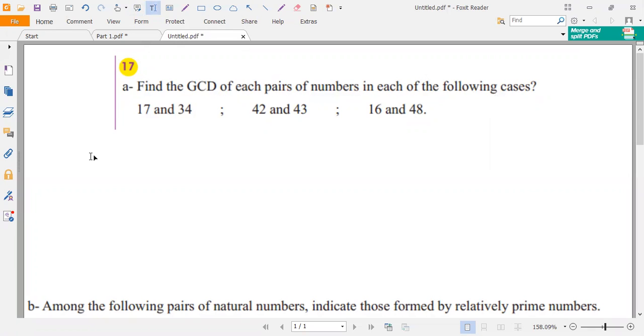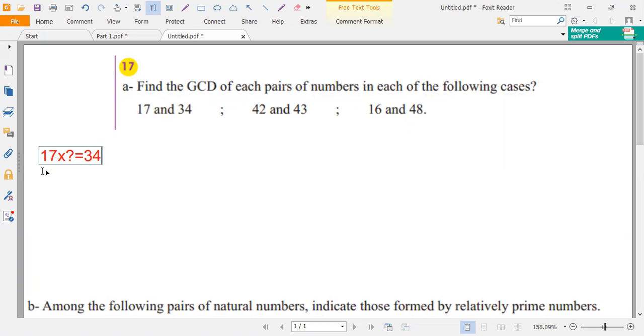First, we think, are they consecutive? No. Is there a relation between them? It means the smallest number times something equals the biggest number. 17 times a number equals 34.